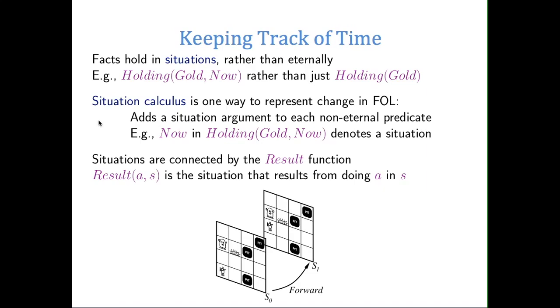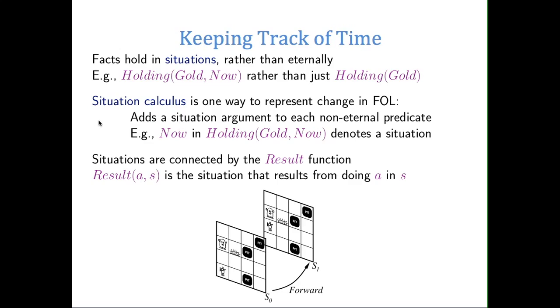And the situation calculus is a way to represent change in first-order logic. It adds a situation argument to each non-eternal predicate. So we'll add holding gold now, where now denotes some situation, namely now. And these situations are connected by the result function.